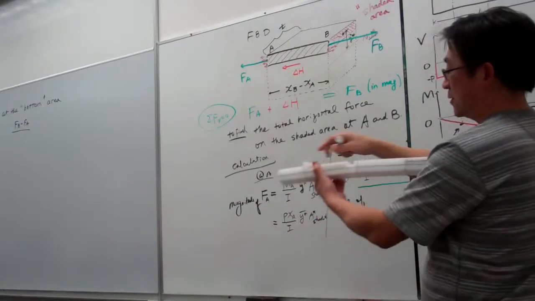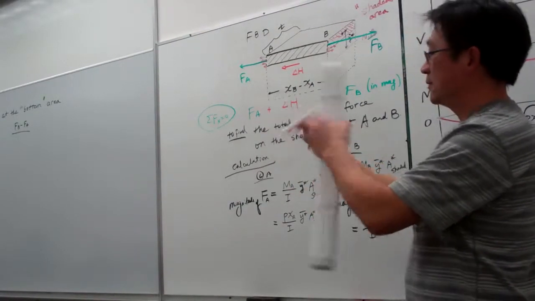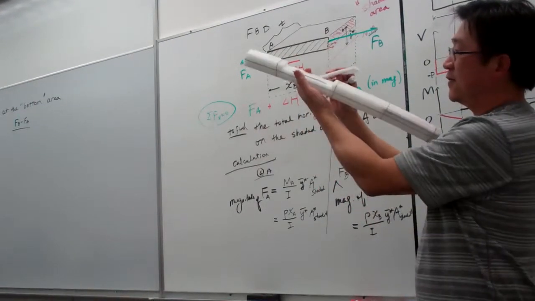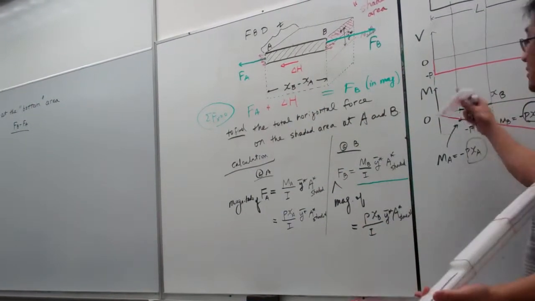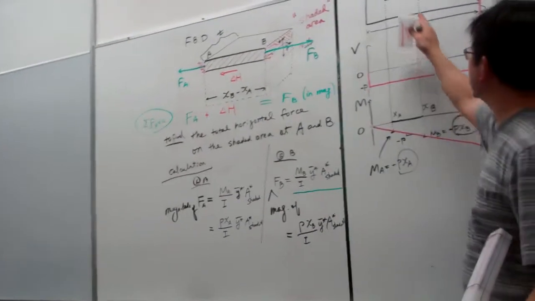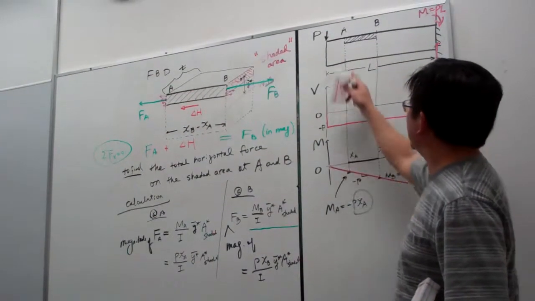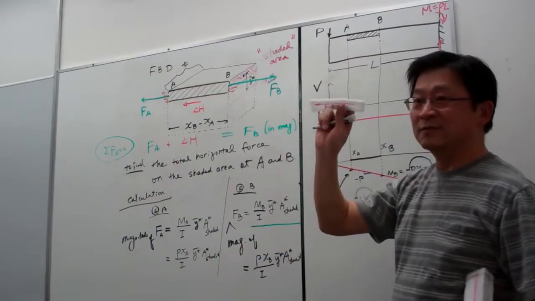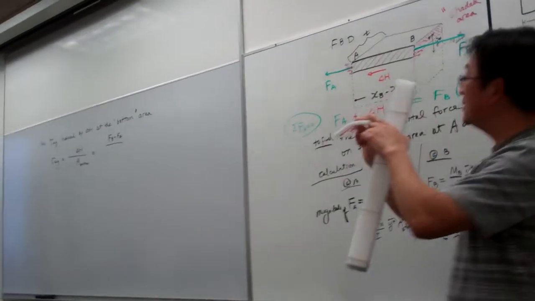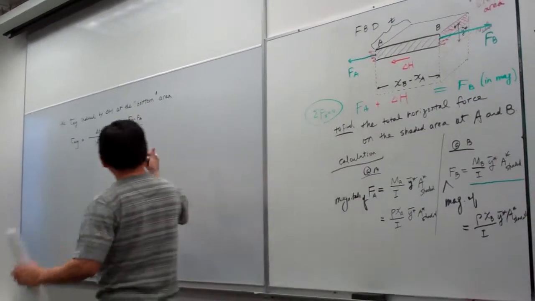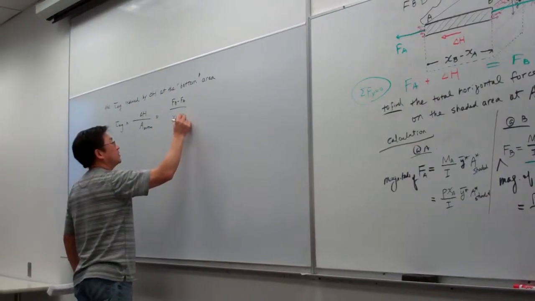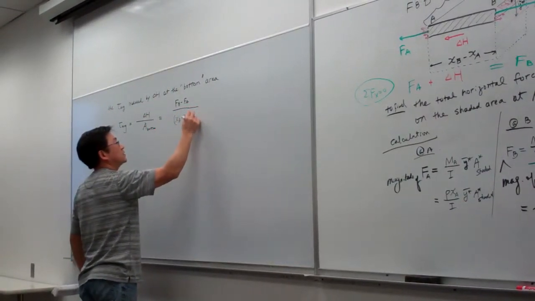The length from here to here is xb minus xa. The xb is the coordinate of this point, and xa is the coordinate of this point. This dimension I call t. So the area will be equal to xb minus xa times t.